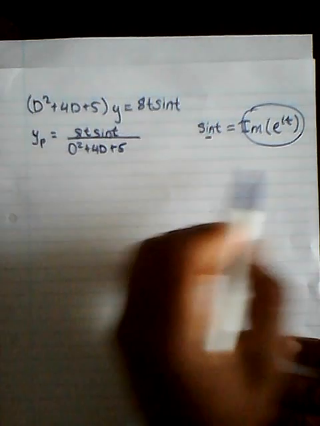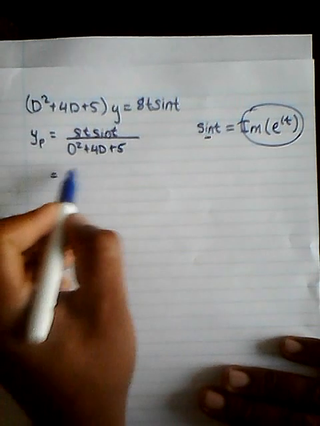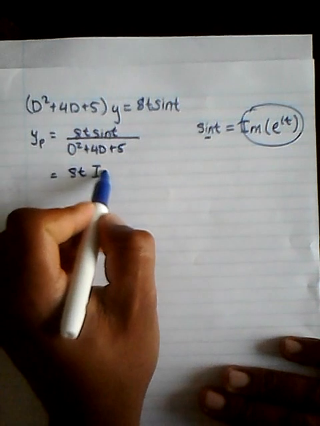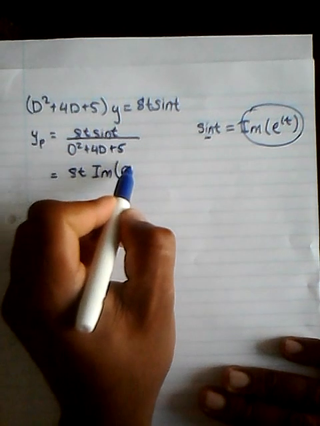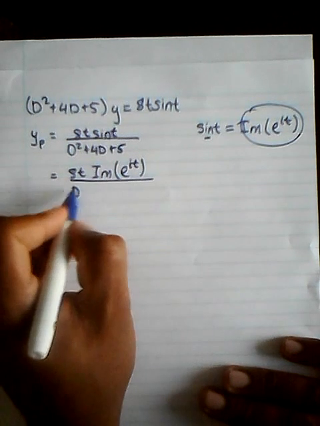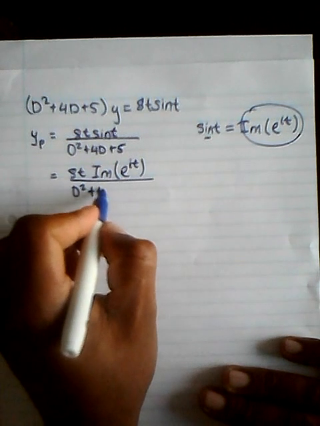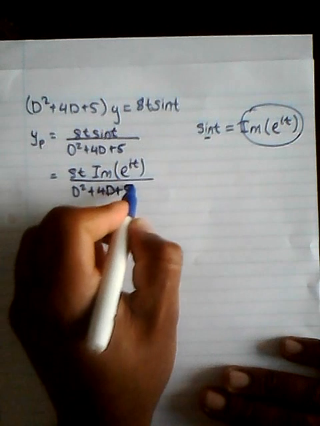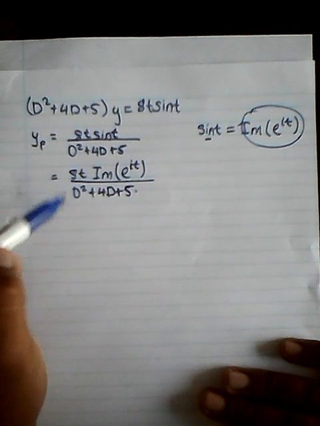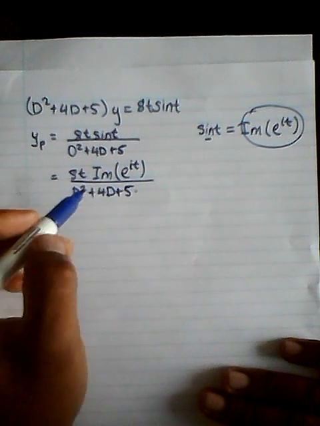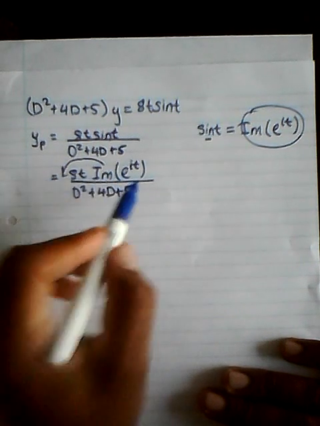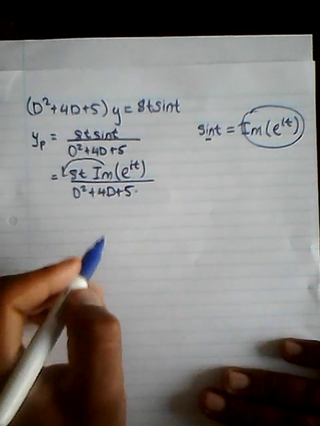Doing that, we have 8t, the imaginary part of e to the power of it, divided by D squared plus 4D plus 5. At this stage we can apply the shift lemma, which tells us to take this exponential and substitute D by D plus I.